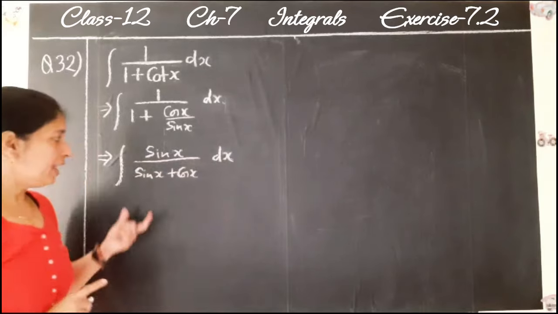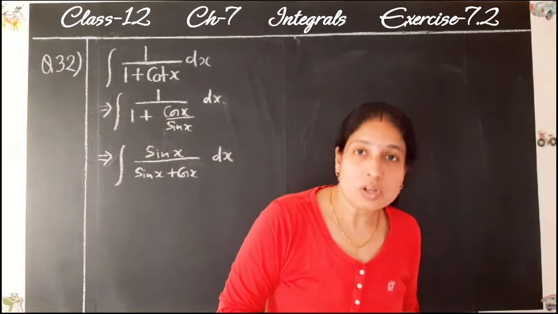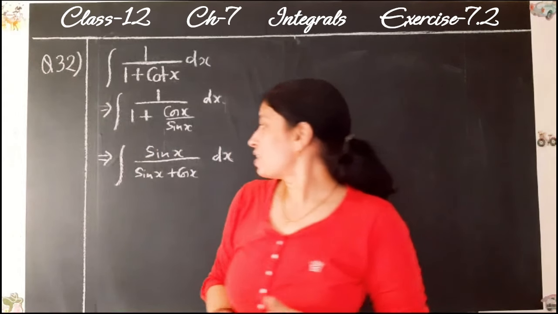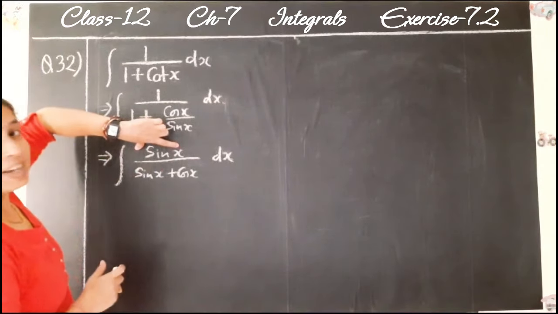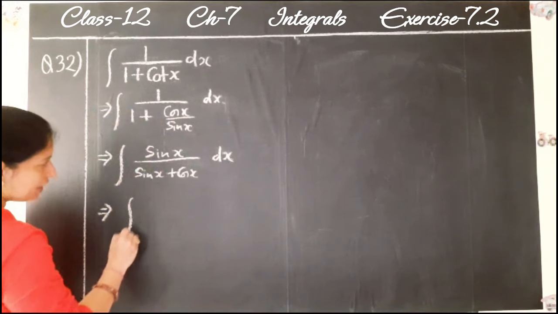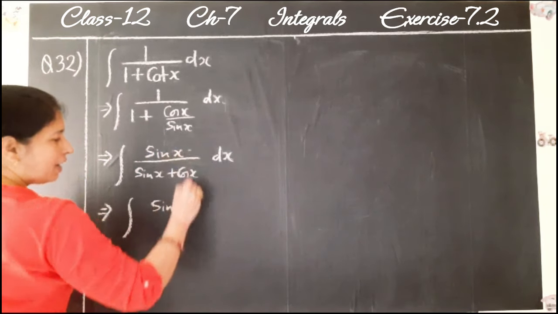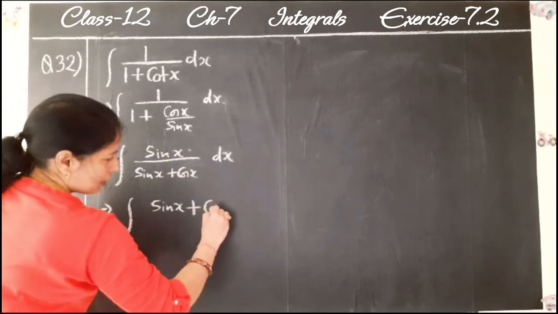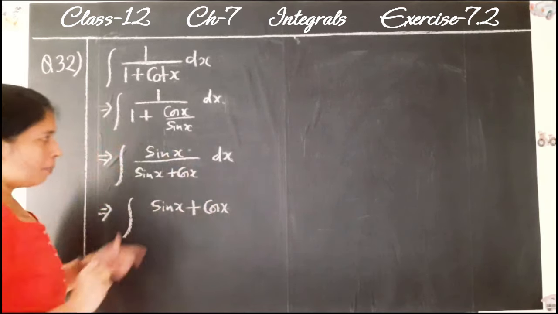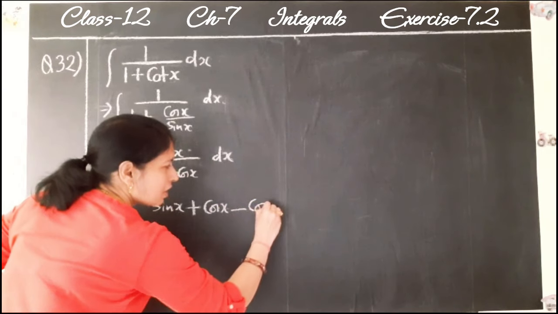And we know that derivative of sin x is cos x and derivative of cos x is minus sin x. But here only sin x is given. So first we write here sin x and write plus cos x. But cos x is not given here. So write minus cos x.